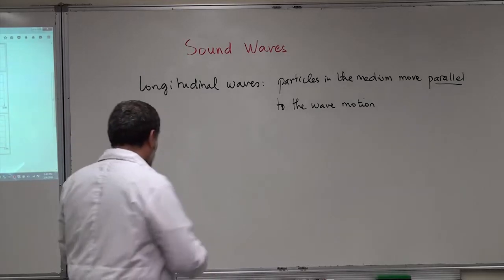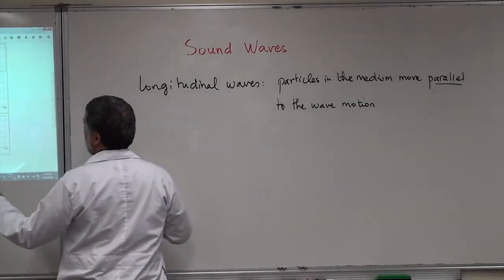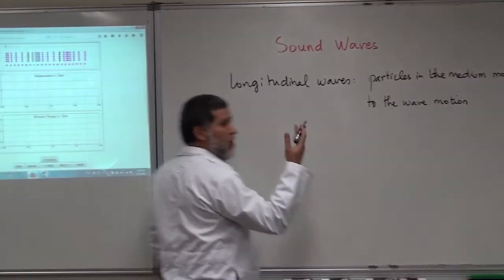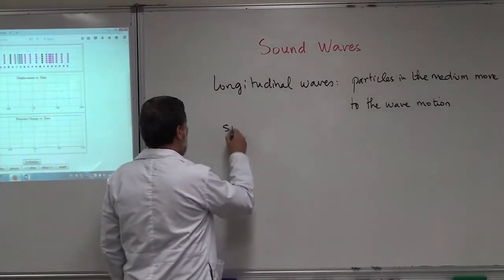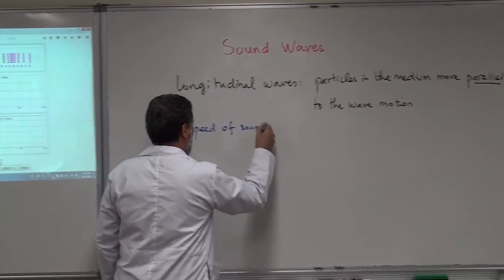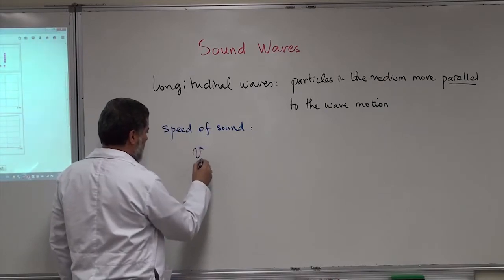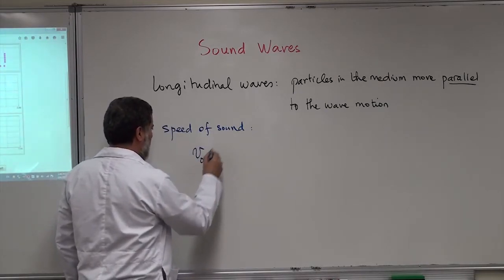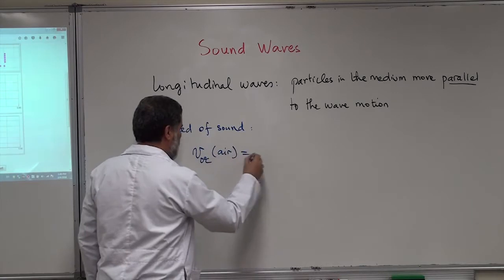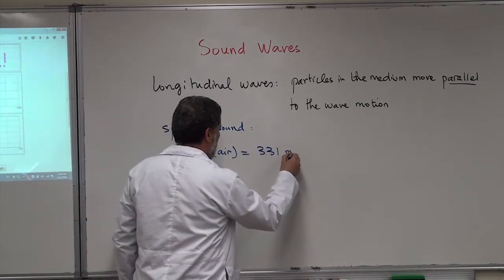Now let me tell you about the speed of sound. We know that the wave is moving at constant speed, and the speed of sound depends on the medium, of course. In the air, for example, the speed of sound at 0 degrees Celsius is 331 meters per second.